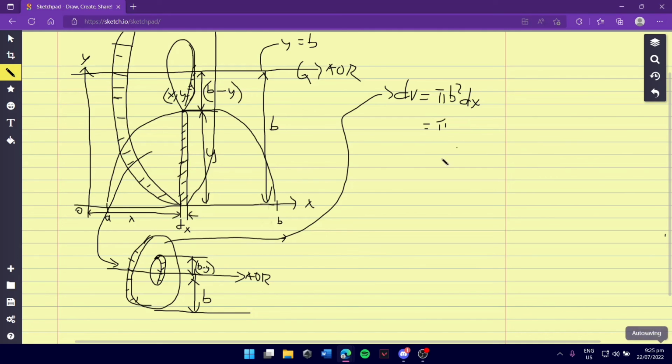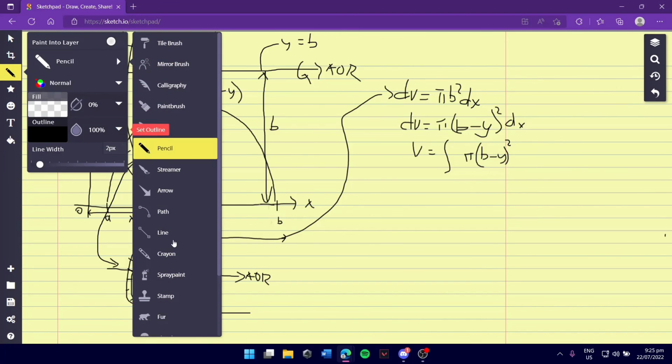So pi here, and then put b minus y times dx. And then integrating both sides, you have volume is equals to the integral of pi times b minus y, raised to 2. This is your point b. Since this is attached, this is your b minus y. Okay, so erase.